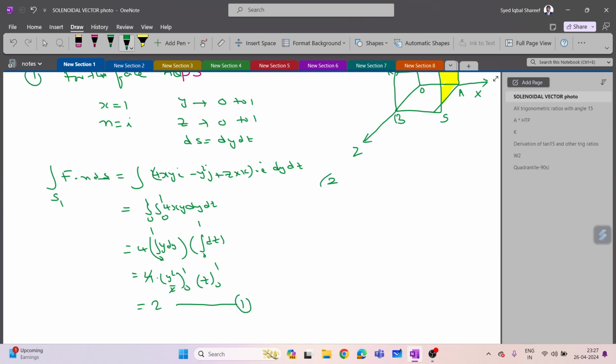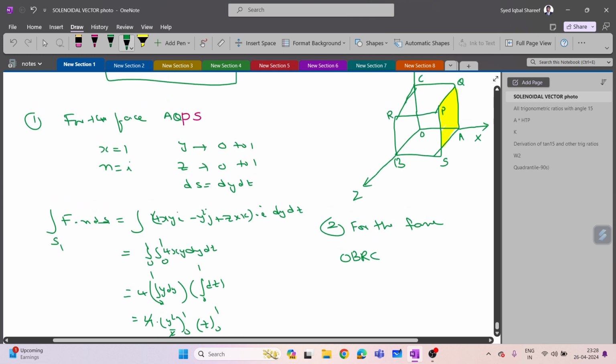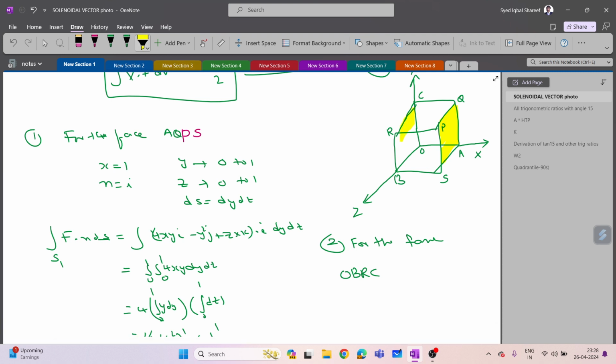Now for the second phase, the phase OBRC. See here, this is the phase opposite to this phase.